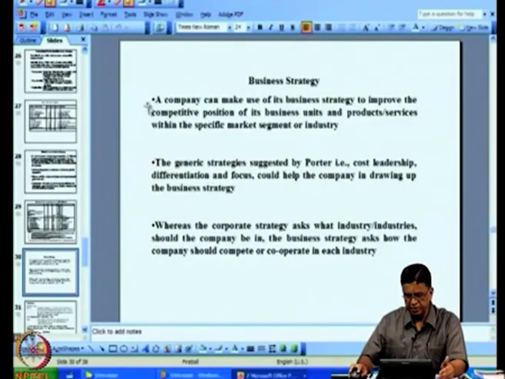Then we looked at the business strategy aspect of a company, what is meant by business strategy. We said a company can make use of its business strategy to improve the competitive position of its business units and products or services within the specific market segment or industry.